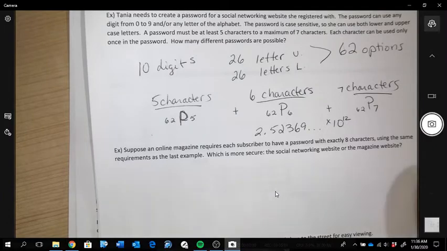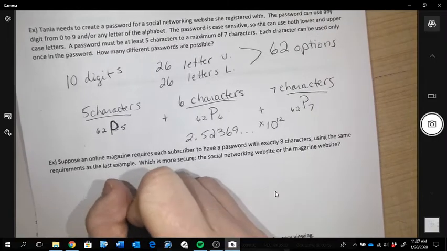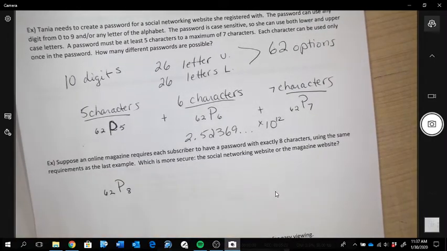Okay, suppose an online magazine requires each subscriber to have a password with exactly 8 characters. Using the same requirements as last, which one is more secure? Okay, so now this is just exact, so now 62, we're going to have 8 characters that we're picking to move around in any order.